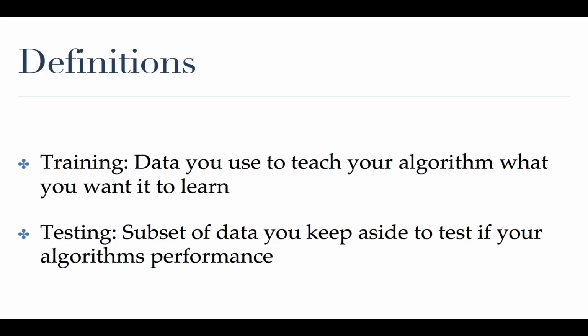How we do that is by testing: we reserve some data that we haven't taught our algorithm on and see if it can predict the things we want it to predict, or at least come out with a number that we hope is close to what similar values are approximating. Sometimes we call this testing. We also use the terms predicting and scoring when we talk about testing in machine learning.